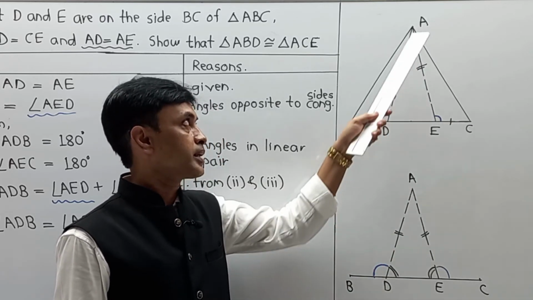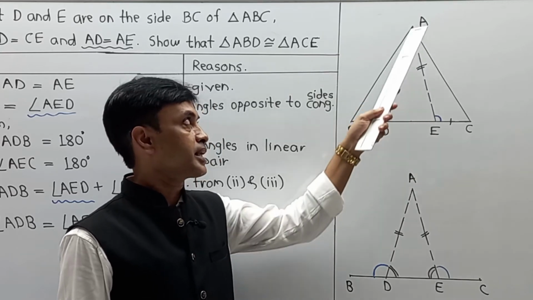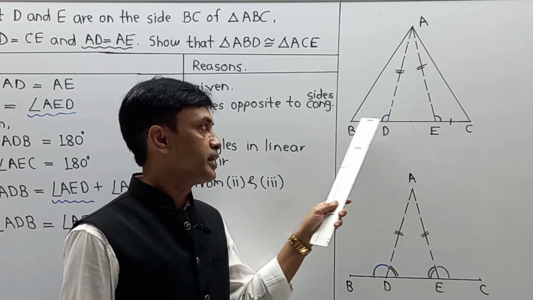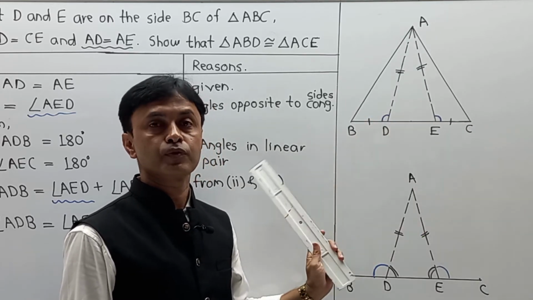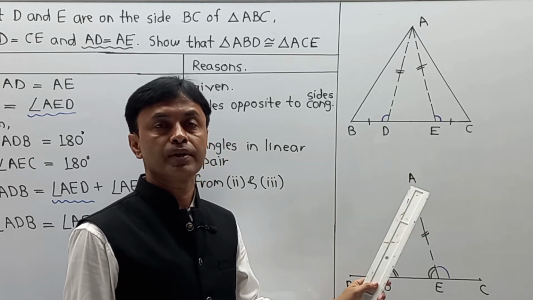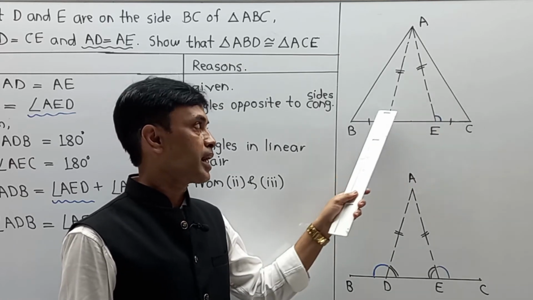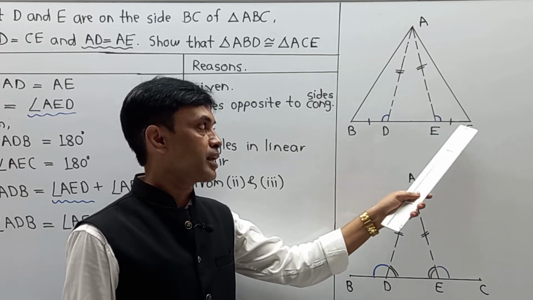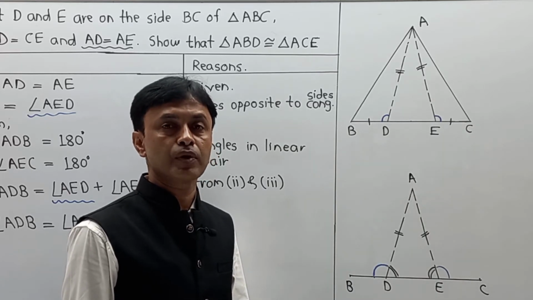They have given AD congruent to AE, given. Next, angle ADB is congruent to angle AEC from equation 4. And third, BD is congruent to CE, given. Naturally, these two triangles are congruent by the side angle side test of congruency, or you can say the SAS test of congruency.